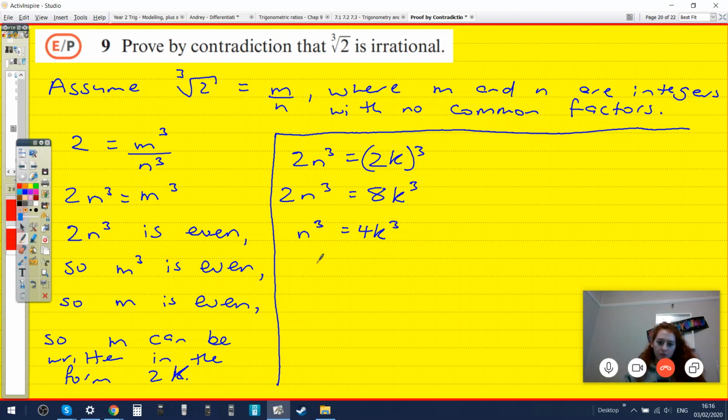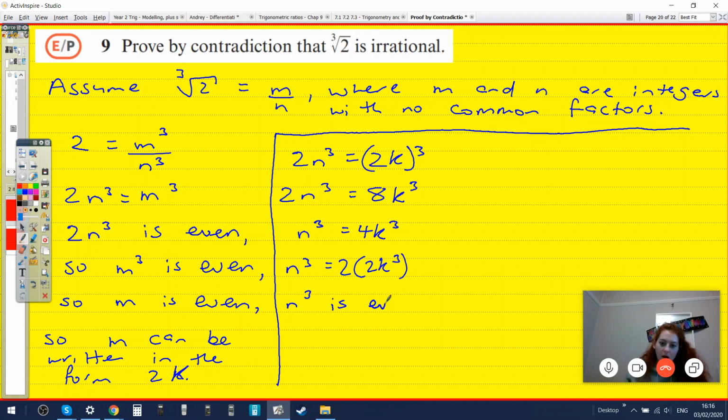So if n cubed is divisible, or can I say if it's even? Yeah, and just to spell it out, I'll just say because it's times 2. N cubed is even. N cubed is a factor of 2.